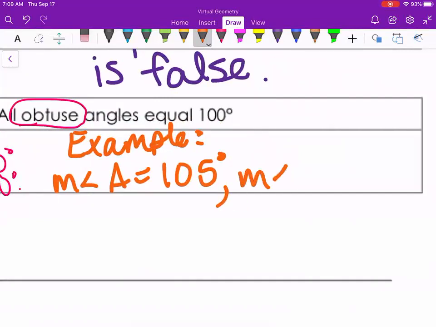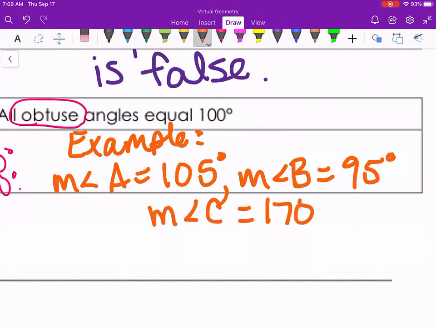I could have the measure of angle B, let's say is 95. That's an obtuse angle, but it's not equal to 100. There's lots of different ways that I could do this. I could even have, let's put one more up here, measure of angle C, let's say is 170 degrees. It's still obtuse, but it's not equal to 100.